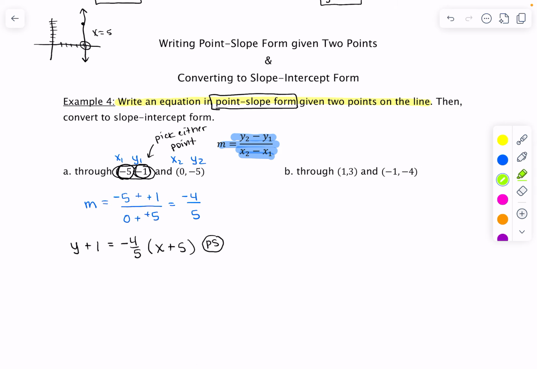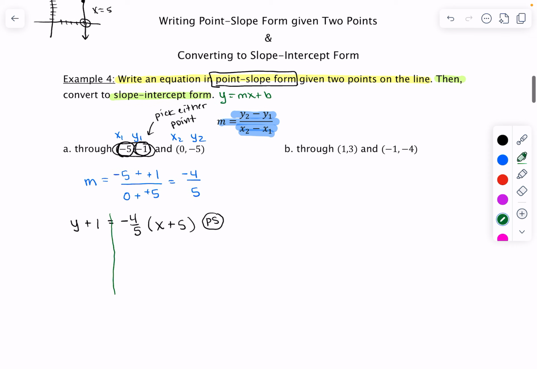The second part of the question then says, then convert to slope intercept form. So if I'm going to convert this into slope intercept form, I need to remember that slope intercept form is y equals mx plus b. So what I need to do is I need to draw a line here down the middle and get this to be y equals something.